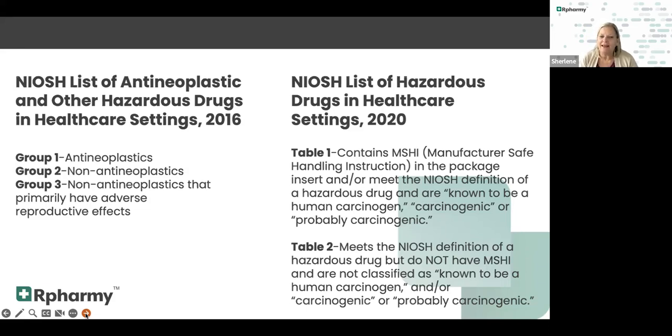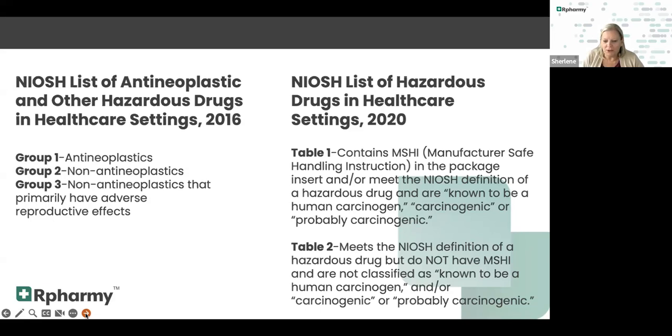Now, we've been hanging on the edge of our seats, waiting for 2020 to become official, and as of yet, it still does not have a release date. Anyway, we've been waiting for 3 years. Who knows if it will ever become the list, or if they will just scratch it and call it the 2023 or the 2024. That being said, this is what we're looking at for now.